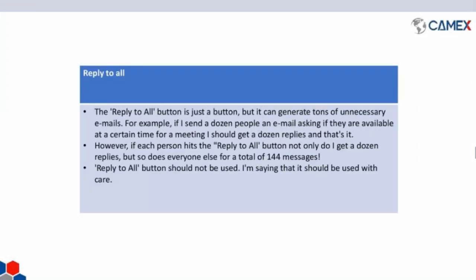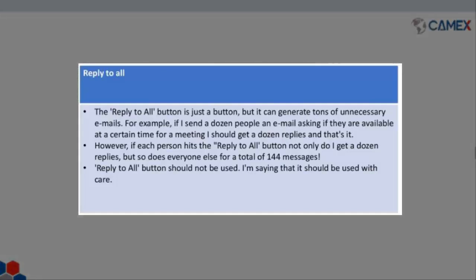The next item, and I think this is a pain, is the reply all. For me, this is a nightmare. People don't know exactly how to use this particular one.